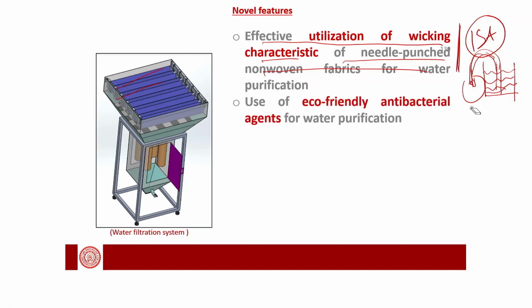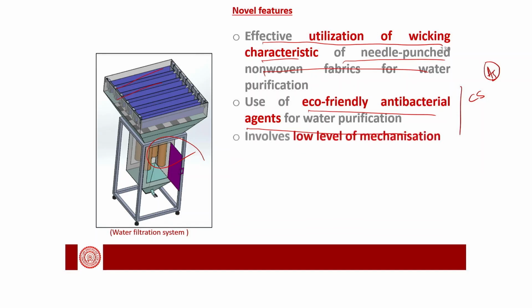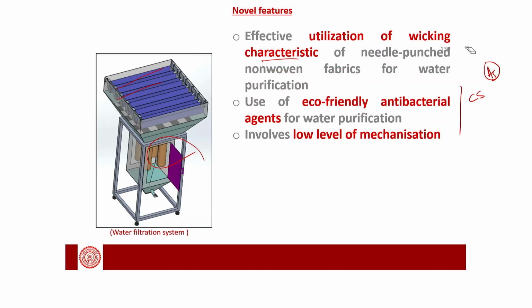Then in the second stage filtration, what are we doing? We are using an eco-friendly antibacterial agent for water purification, which is chitosan and silver nanowire. We can see that effectively there is no moving part.